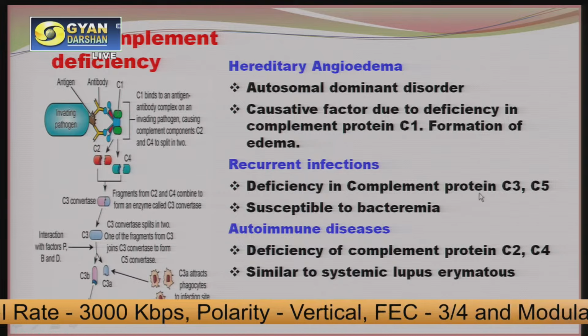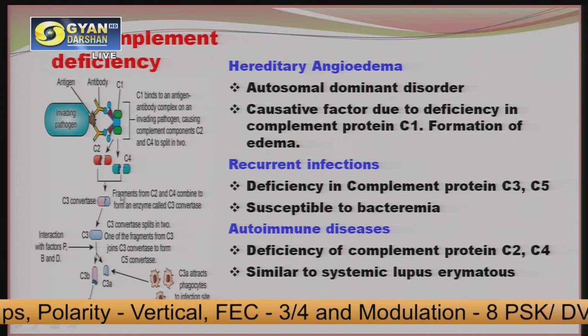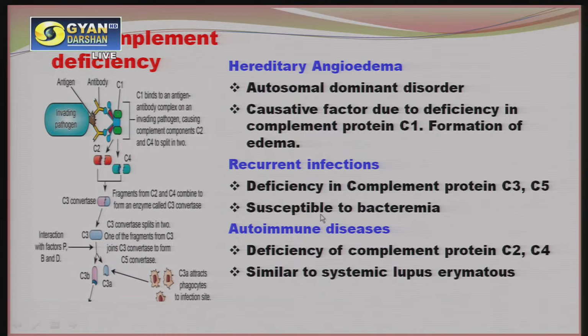C3 and C5 complement proteins would not form, so ultimately recurrent infection will take place. The person would be susceptible to bacterial infection. In autoimmune disease, deficiency of complement protein C2 and C4 leads to a condition similar to systemic lupus erythematosus. So due to complement deficiency inside the body, they will suffer with particular infections.